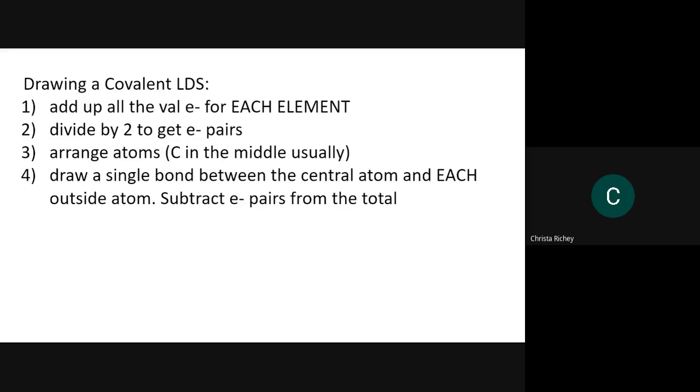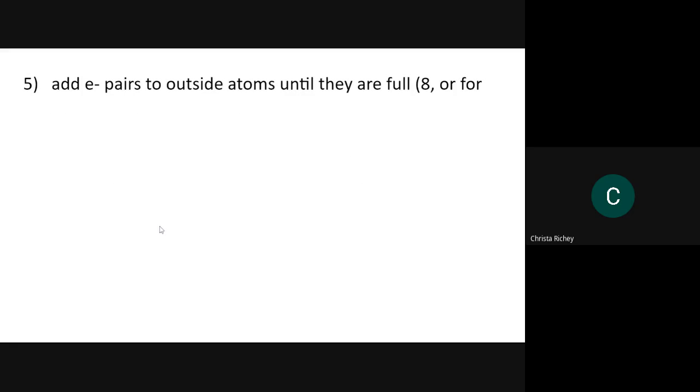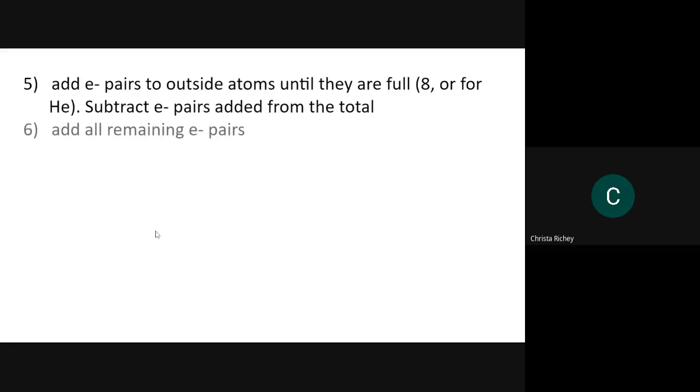Each line represents one pair, or two electrons, and you're going to subtract that from the total. I'm going to show you how to do this in a second. Yes, this is complicated, and with Candy not working, I'm so sorry, my remote students. You're going to put electron pairs, two dots, around the outside atoms until they're full. Then you're going to subtract those electron pairs from your total.